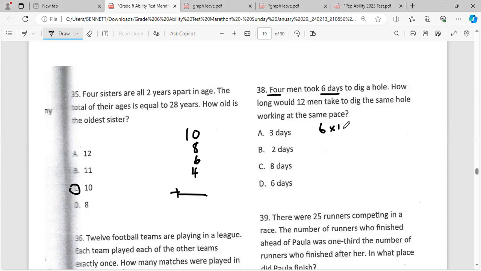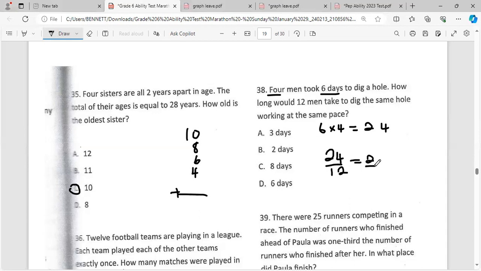Next, you must divide the total man days by the number of men in the second scenario to find out how many days it would take them to dig the same hole. So basically, sir, 24 divided by 12 equals 2 days. So that was my answer. The answer is 2 days.